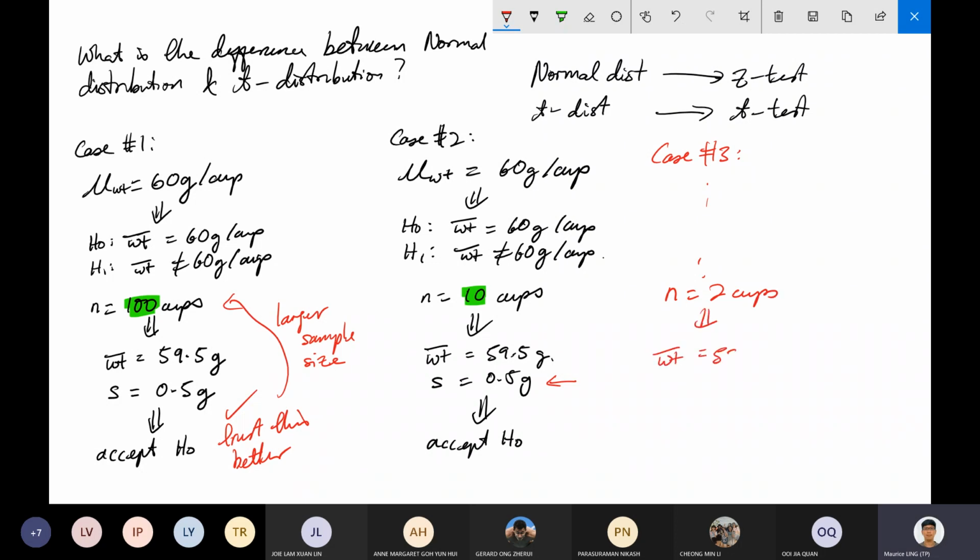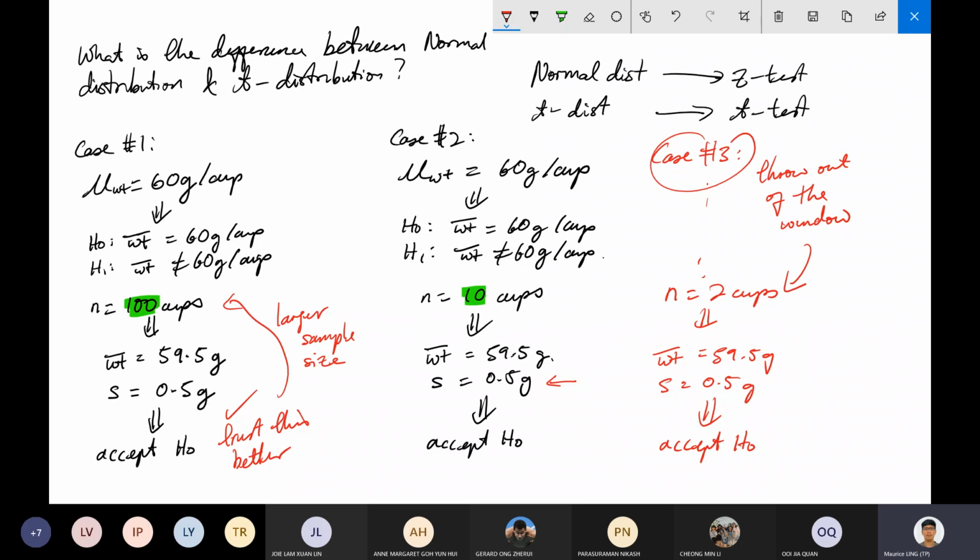Average weight is 59.5 grams. Standard deviation is 0.5 grams. Still accept the null hypothesis. Now my question is, which of these 3 cases will you throw out the window? Right? This case 3, you throw out of the window. Why? The sample size is just too small. You only have 2 cups.